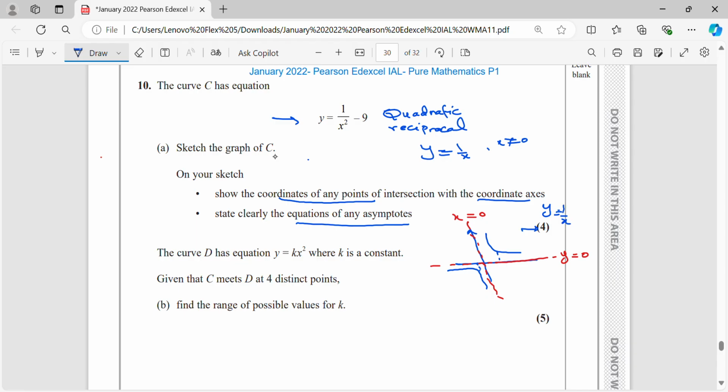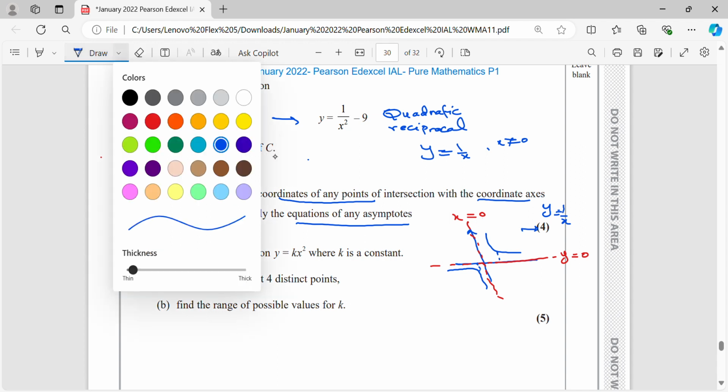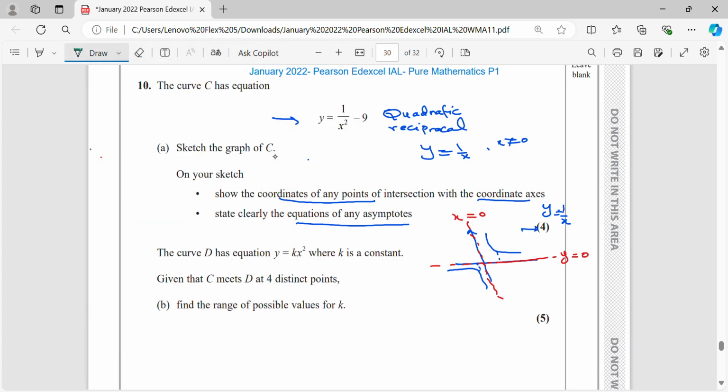Now I need to look at what a quadratic reciprocal graph is. It is quadratic because of the square. When we draw it, we draw it in the same way, but in the first quadrant and in the second quadrant because of x squared.